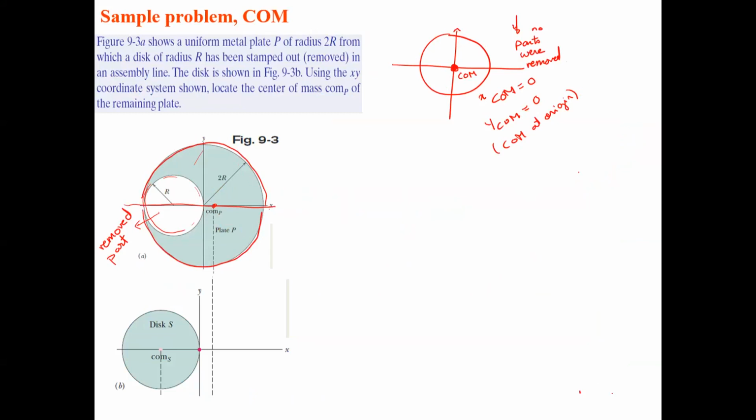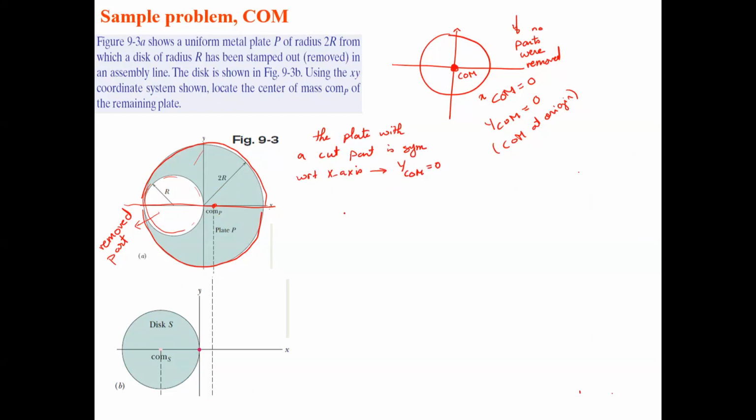The plate with a cut part is symmetric with respect to the x-axis. So y of the center of mass will still be 0 for the plate with a cut part.